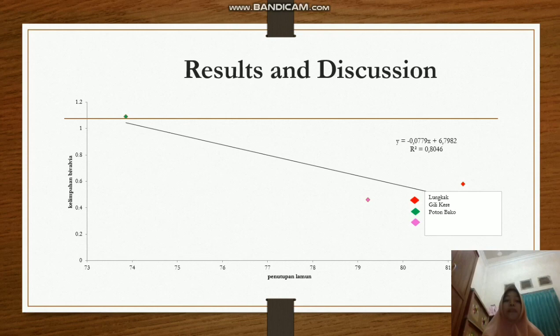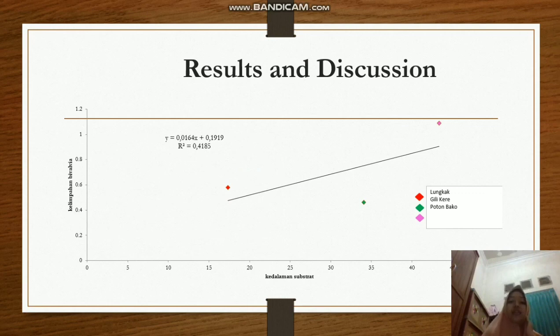Then the relationship of the abundance of bivalves with coverage of seagrass, where R square is 0.80.